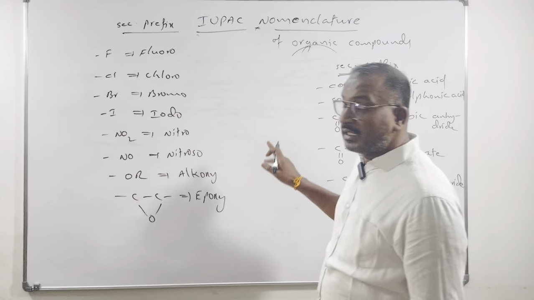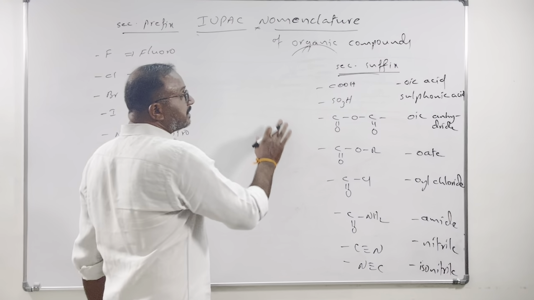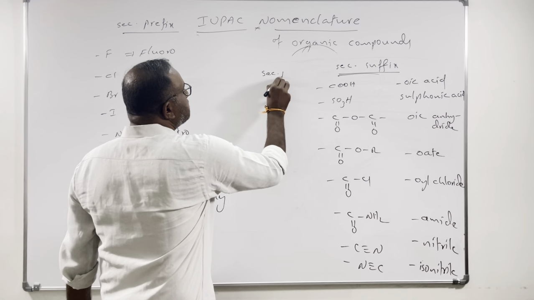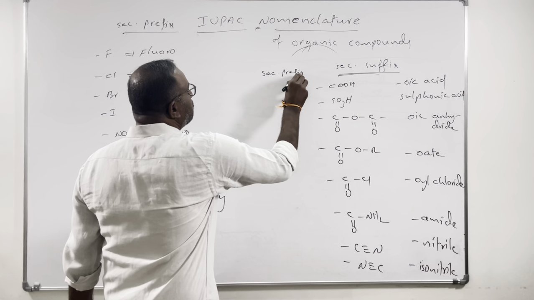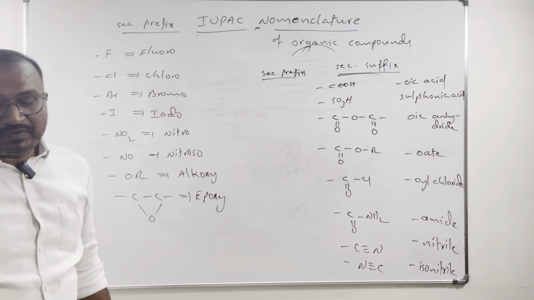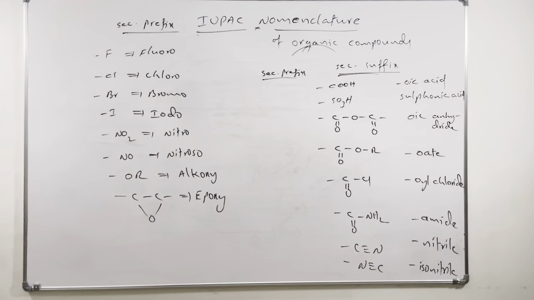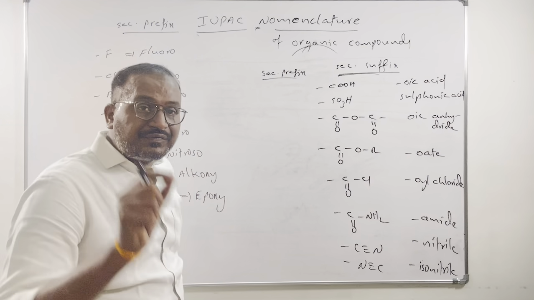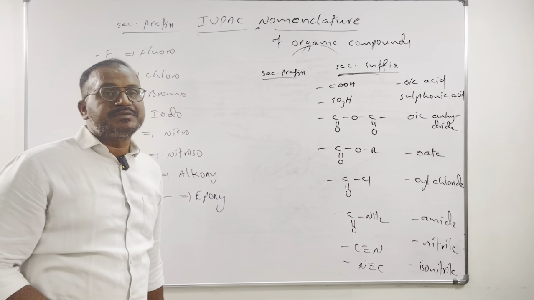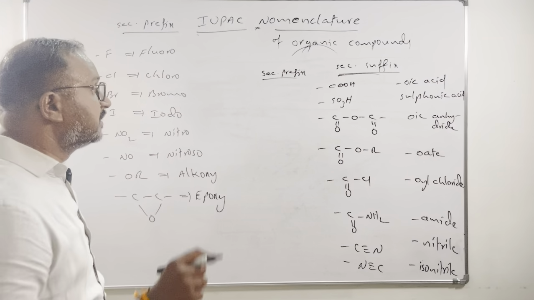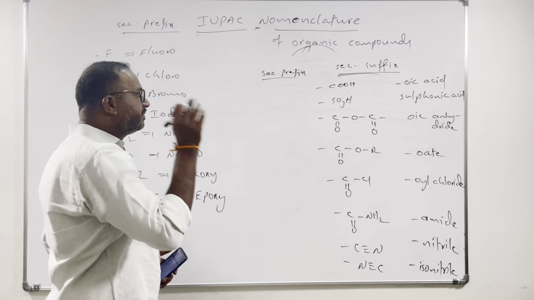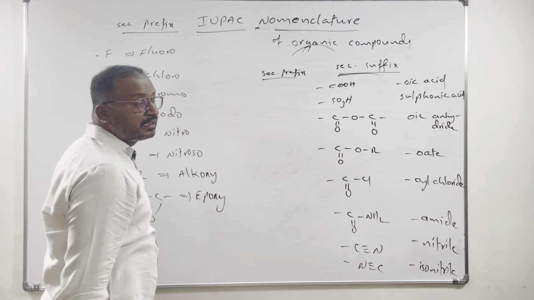And under what condition do these come under secondary prefix? I told you, if more than one functional group is there, first we have to identify the high priority group. After that, the remaining functional groups come under secondary prefix. Suppose this cannot be secondary prefix because the high priority group will be there, and this has the possibility of being secondary prefix.